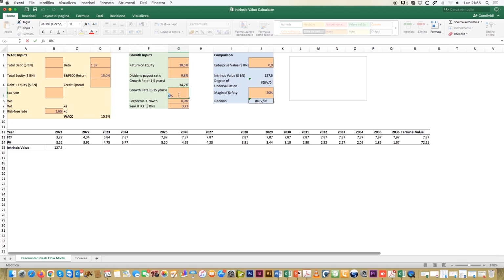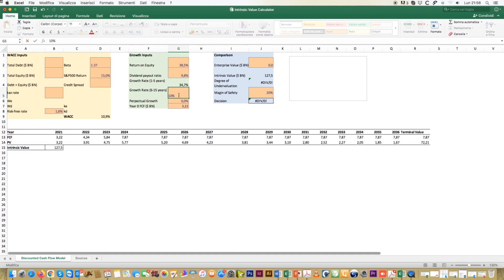Let's suppose that in a period from 6 to 15 years from now, the company is going to grow its equity 10% per year, which is pretty high, but the sector of Nvidia is on a pretty solid growth base.